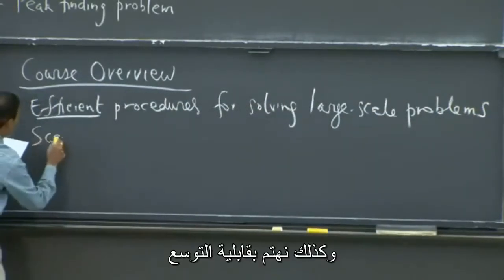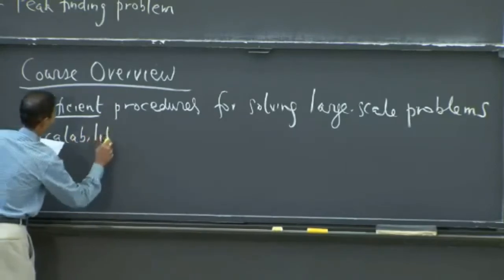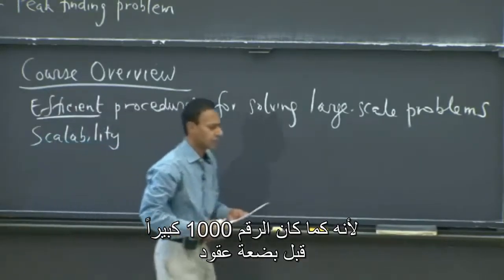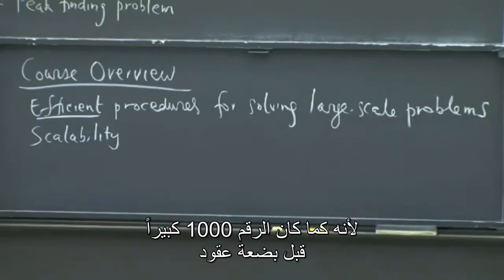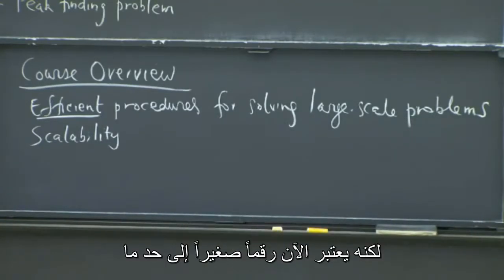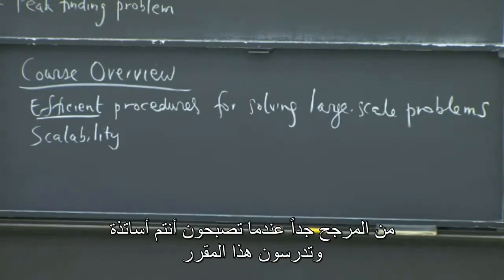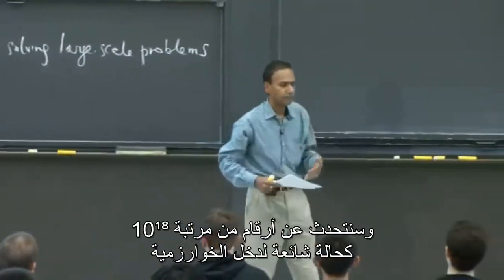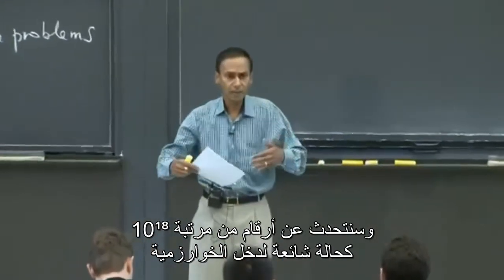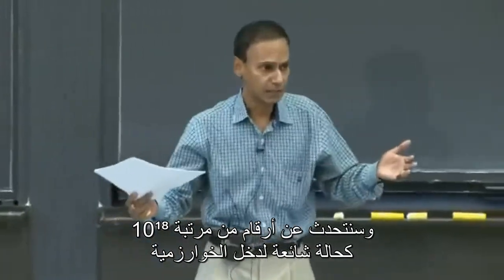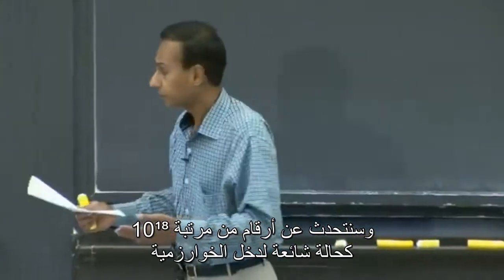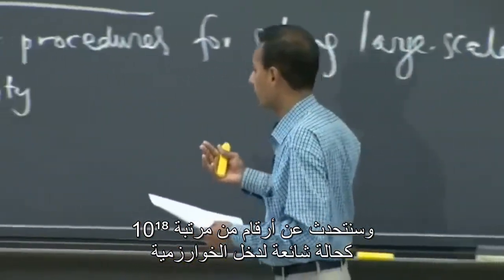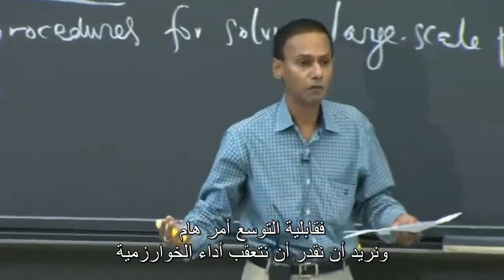And we're concerned about scalability, because just as 1,000 was a big number a couple of decades ago, and now it's kind of a small number, it's quite possible that by the time you guys are professors teaching this class in some university, 1 trillion is going to be a small number, and we're going to be talking about, I don't know, 10 raised to 18 as being something that we're concerned with from a standpoint of a common case input for an algorithm.